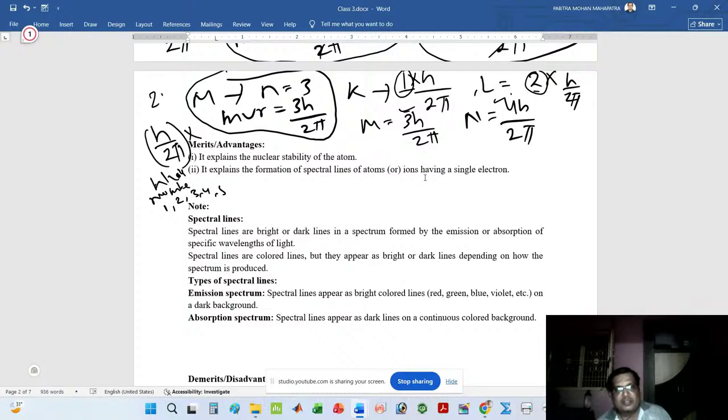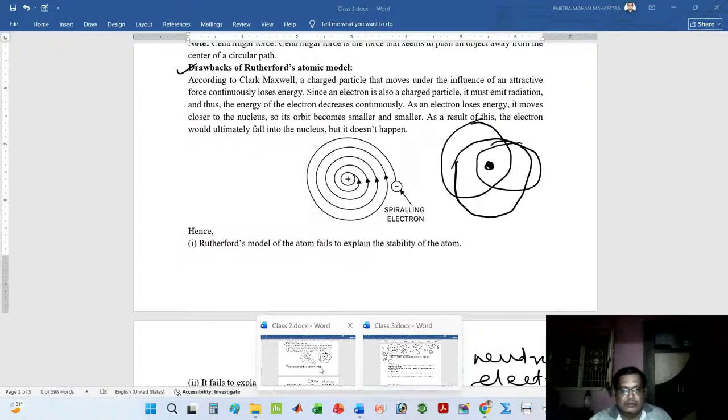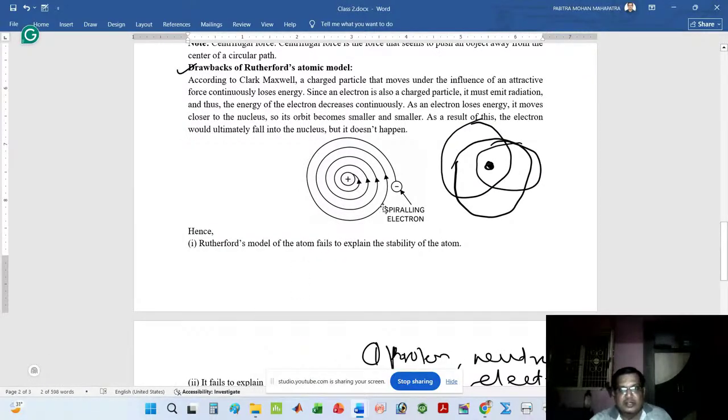First point, it explains the nuclear stability of the atom. Here there is no chance of the electron colliding with the nucleus. But if you think about the Rutherford atomic model, look at that, a time will come when the electron will collide with the nucleus. It rotates like this, like this, and then a time will come when it collides with the nucleus.